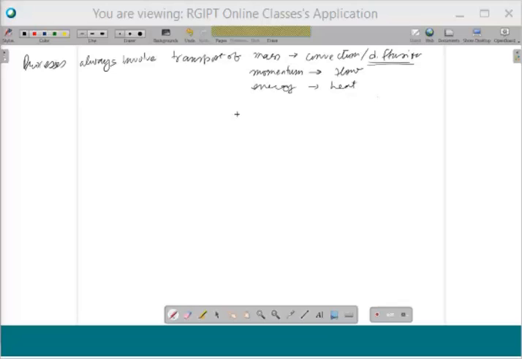Okay, so mostly these three phenomena are involved in processes which we aim to model, right? Now, they all follow apparently different equations. Their transport satisfies some equations, right?